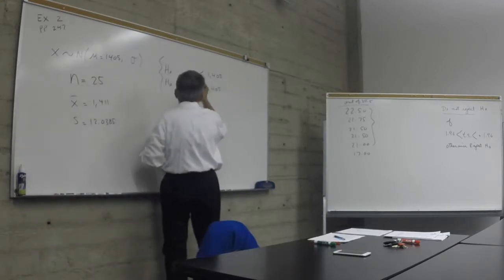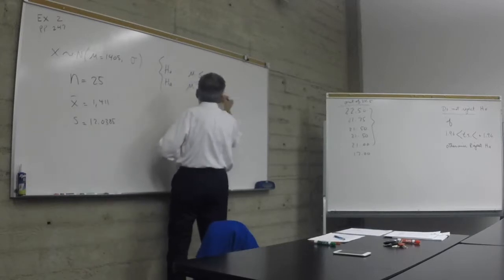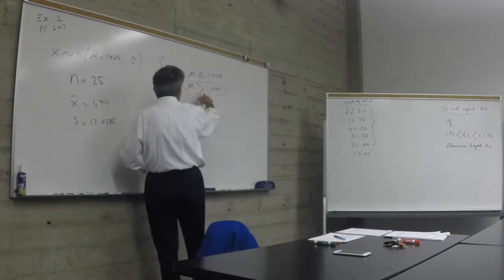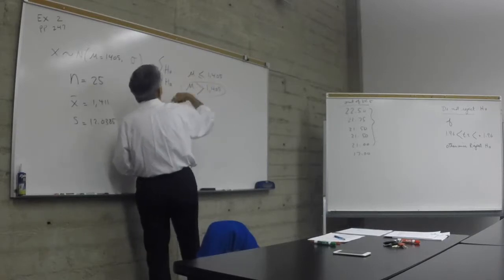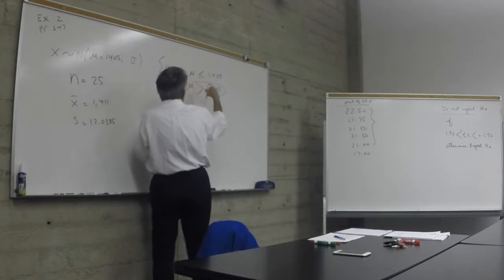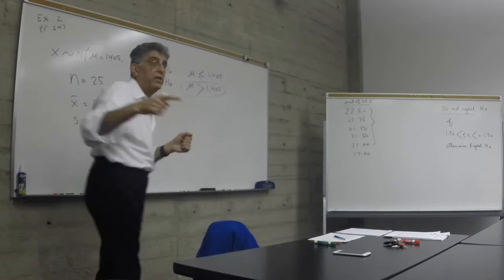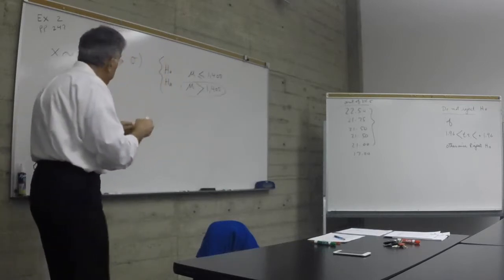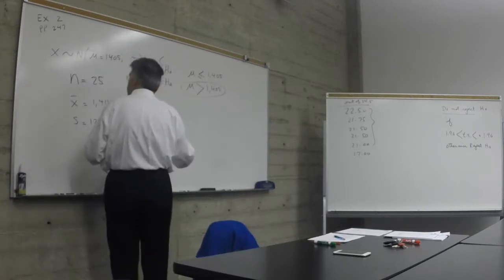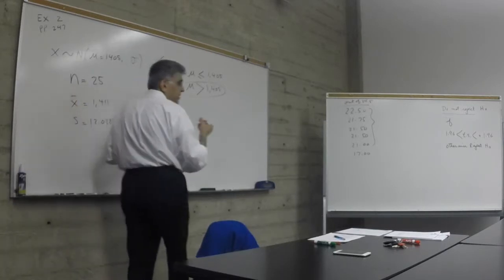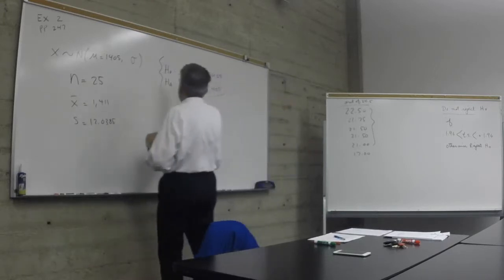So our alternative hypothesis is mu greater than 1405, because it does not have an equal sign, and hence the null hypothesis is whatever this is not, which is less than or equal to. Everybody okay with this analysis? Then alpha is 1%. So this is step one.